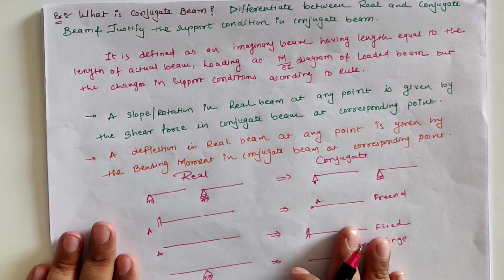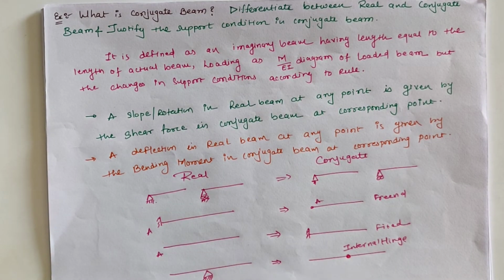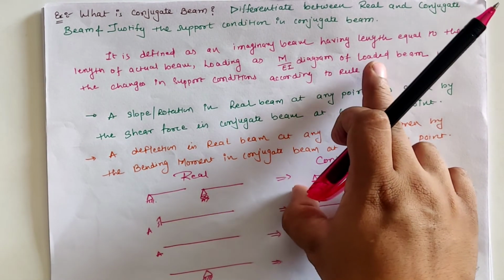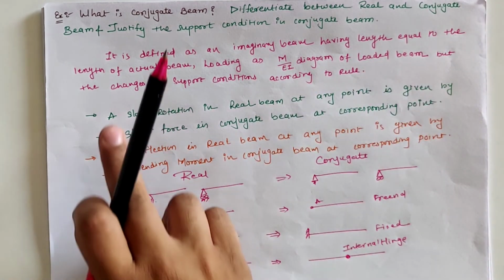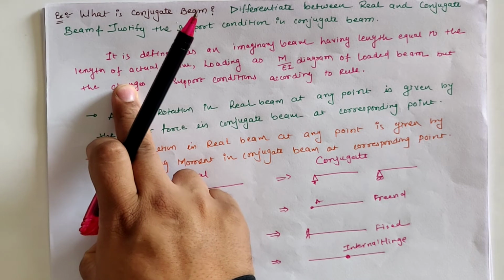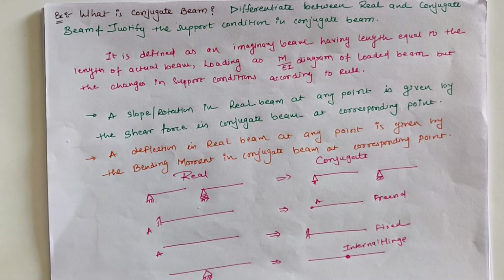So these are the changes in the support condition from the real beam to the conjugate beam. We are going to use these different support conditions, with the M over EI diagram of the loaded beam as the loading in the conjugate beam, and the length the same as the actual beam according to the conjugate beam definition.